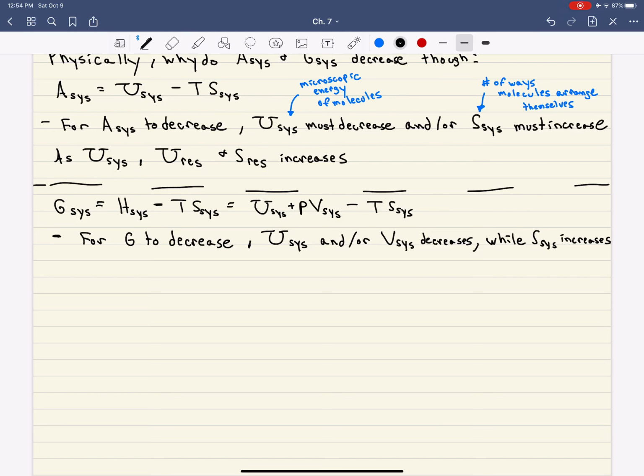Okay? And so any energy lost from the system would once again go into increasing the energy of the reservoir or increasing the entropy of the reservoir. And so overall, we would see a positive increase in the entropy of the universe.